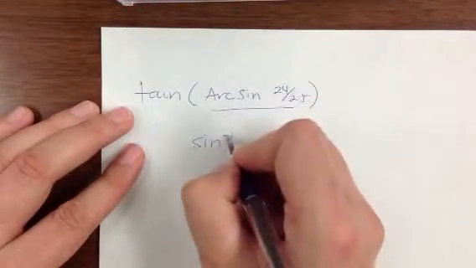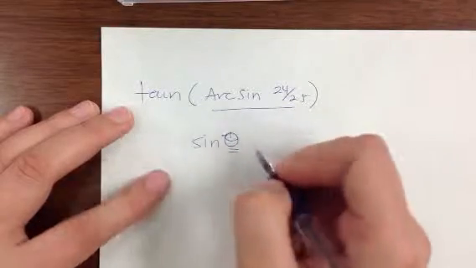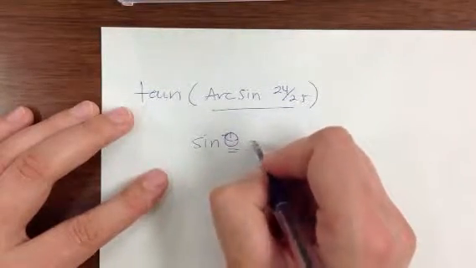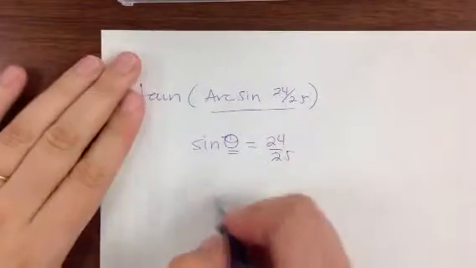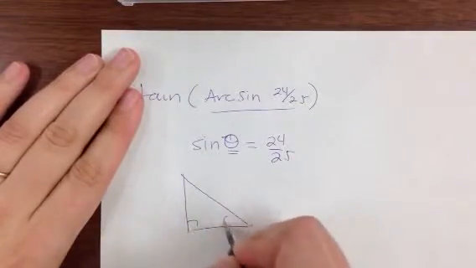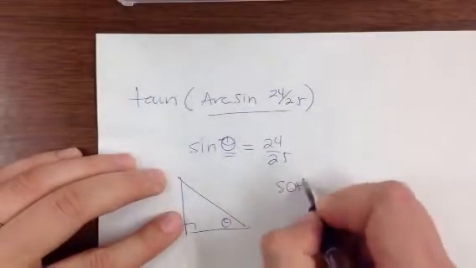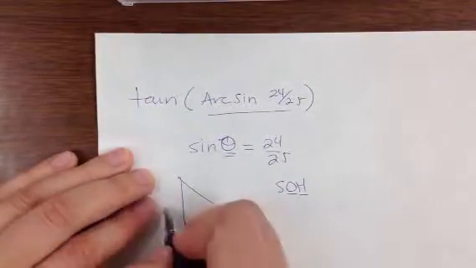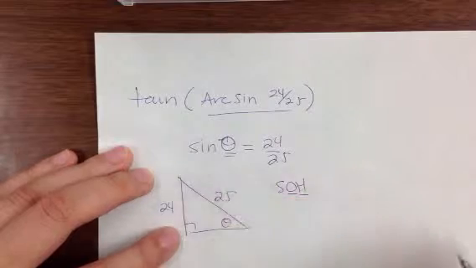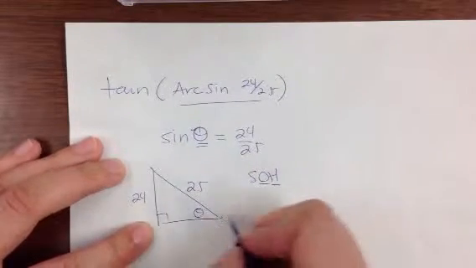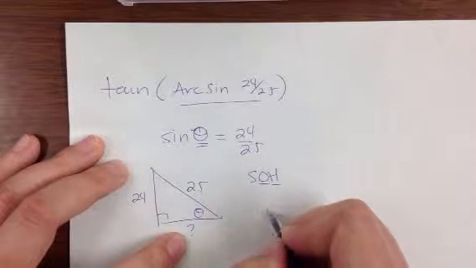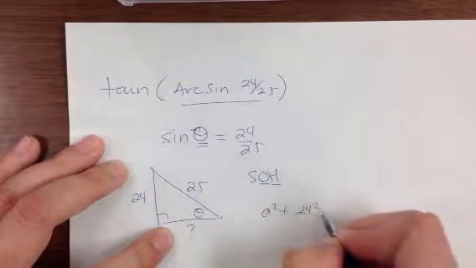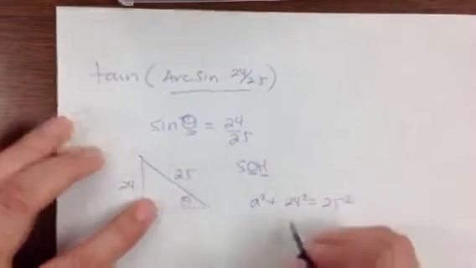What is the angle when the sine is 24 over 25? Let's draw a right triangle and call one of the angles theta. Sine is opposite over hypotenuse, and I can do the Pythagorean theorem to find this third side. A squared plus b squared equals c squared.